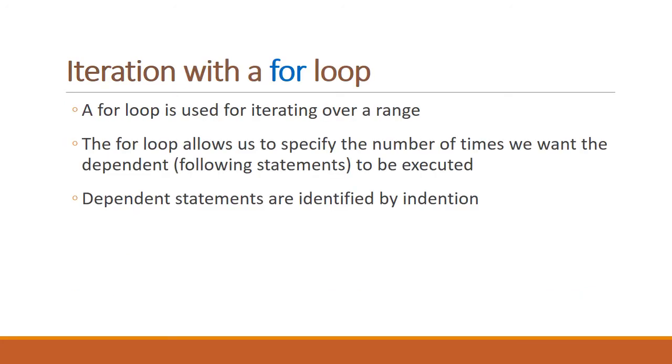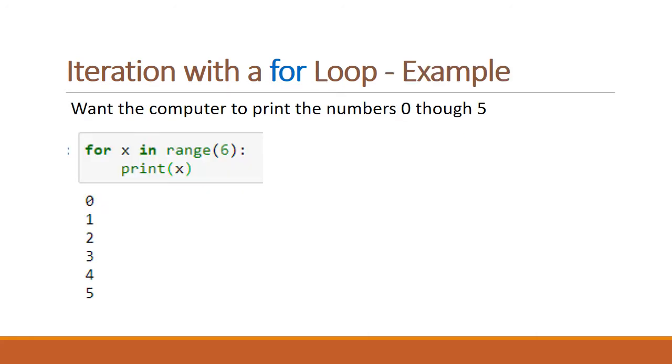In Python, a for loop is used to iterate over a range. A for loop allows us to specify the number of times we want to repeat the execution of a group of Python statements. So this is how we would leverage a for loop to print integers 0 through 5 rather than writing 6 print statements.